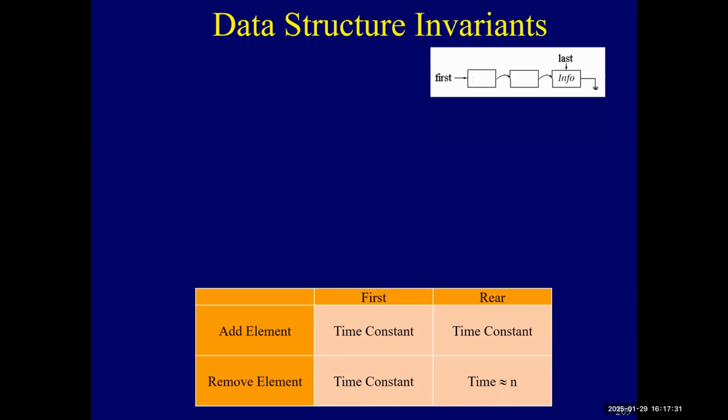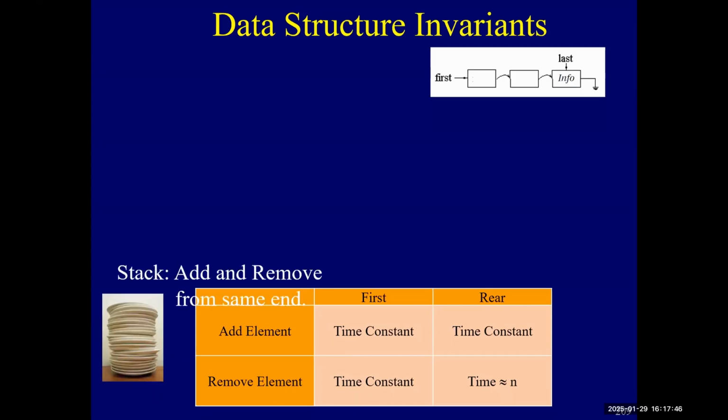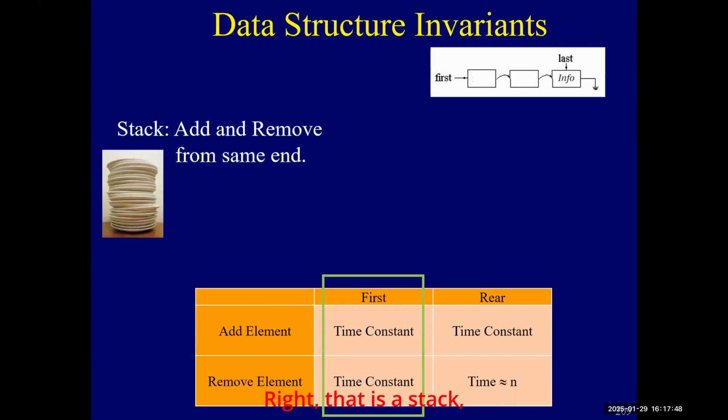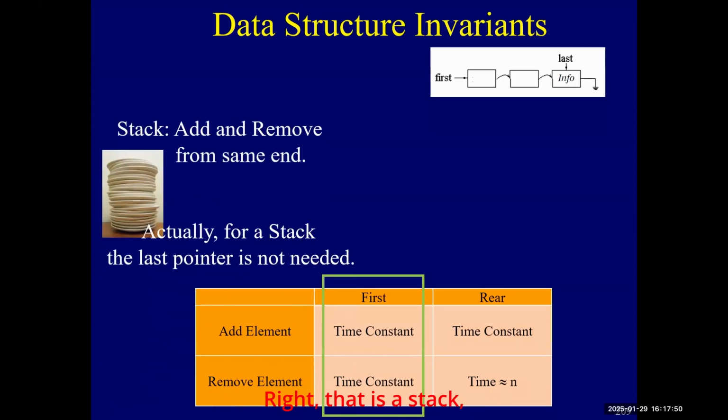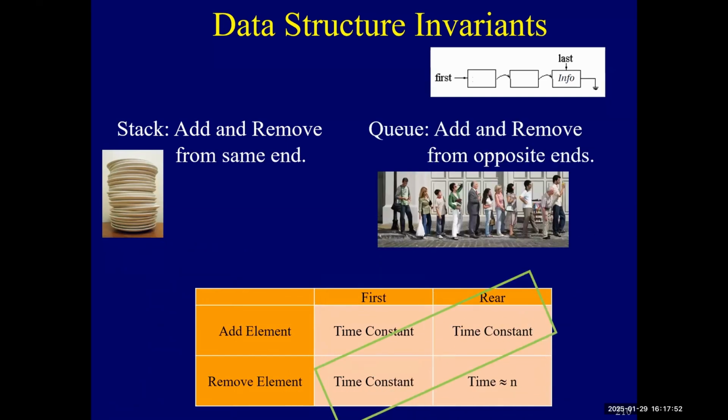So how do you implement a queue? How do you implement the stack first? You do this. How do you implement a queue? That is a stack. What's a queue? That's a queue. People see that?